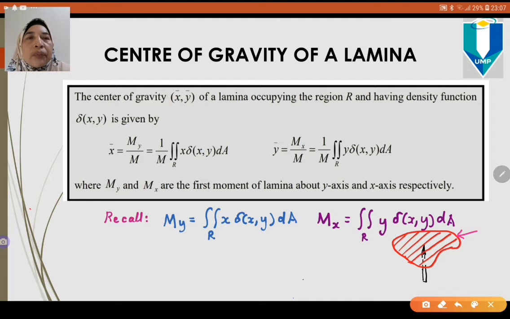So, to find the center, remember, we need to find the moment about the y-axis, distance from the y-axis times the mass, and the moment about the x-axis, distance from the x-axis times the mass.